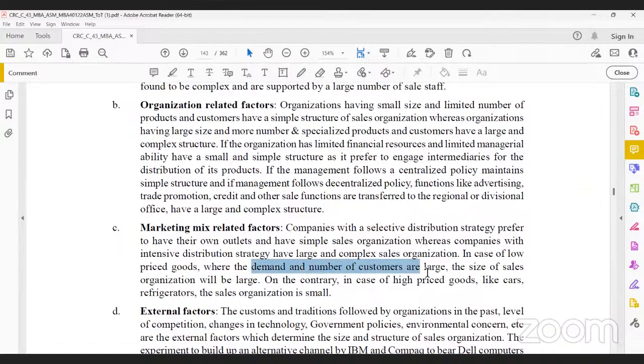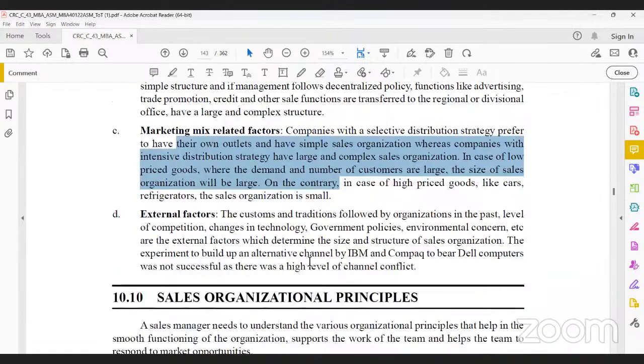See that if the demand of customers is large, the size of the sales organization will be large. On the contrary, in the case of high priced goods like cars and refrigerators, the sales organization is very important.